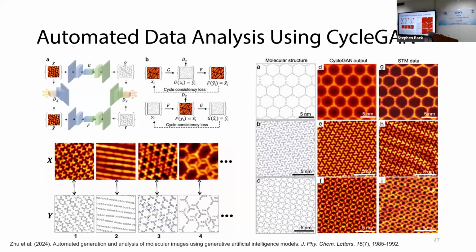Based off of the cycle consistency training, the cycle GAN is able to convert from molecular structure to an STM, microscope data, or vice versa. You can go from the microscopic image to the molecular structure drawing. Automating data analysis in experiment is kind of the idea here.